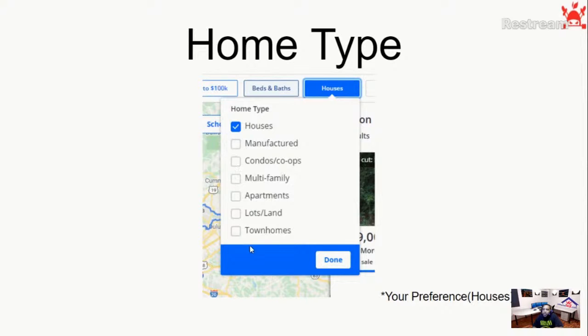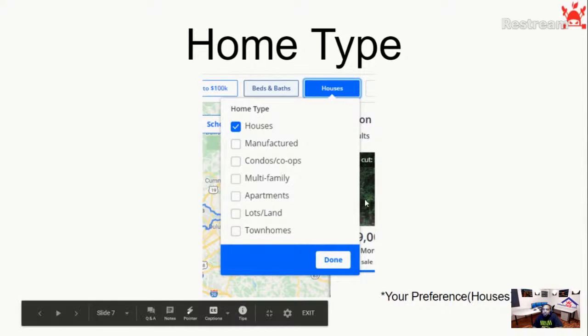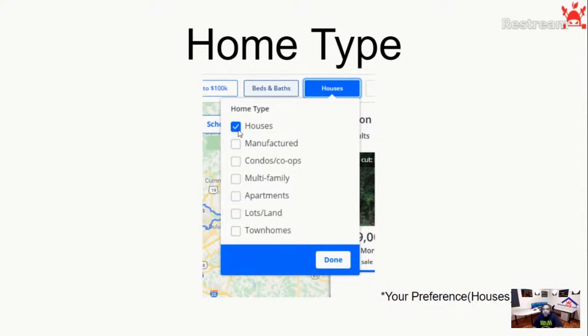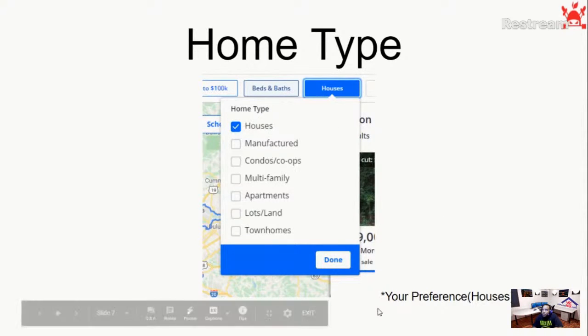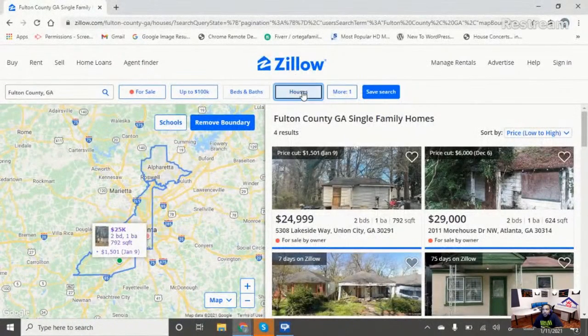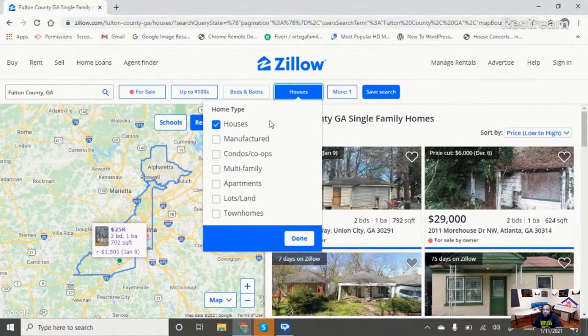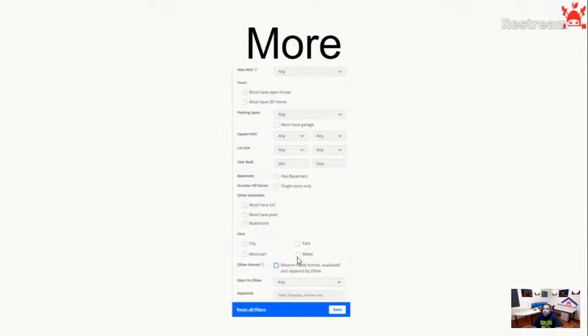They're not really my preference. But this is your preference. But my personal preference is single family home. So just choose whatever you would like for this one. For the purposes of this, we're just gonna do houses, single family houses.